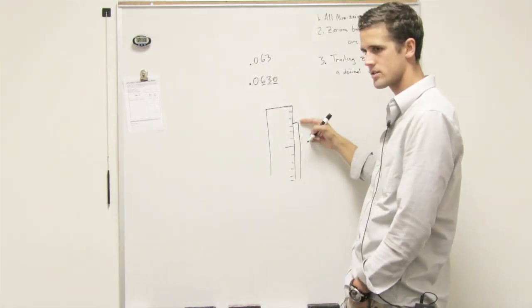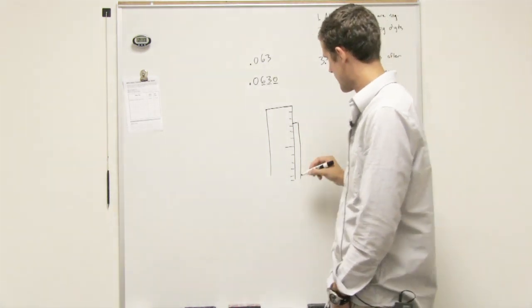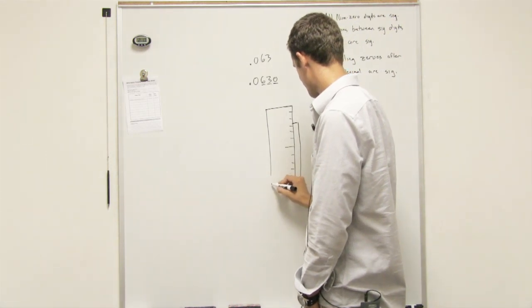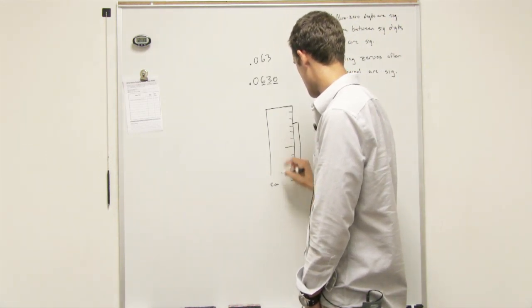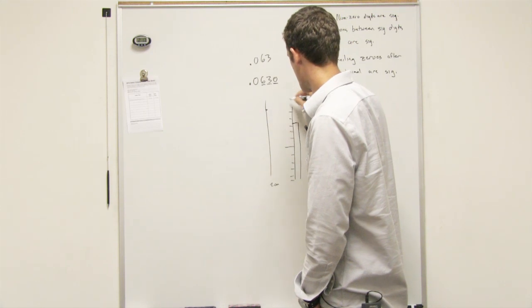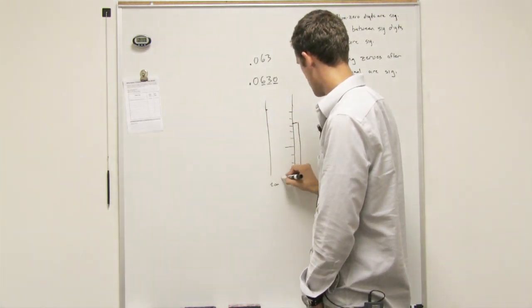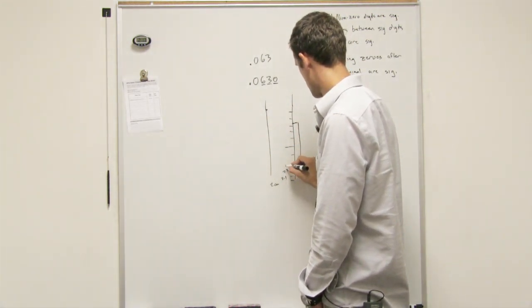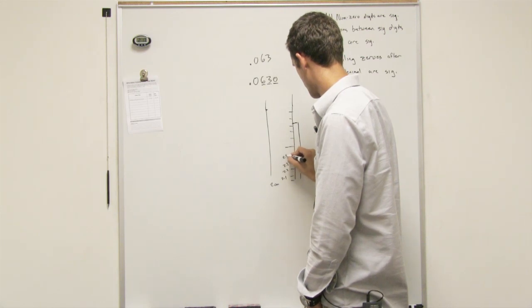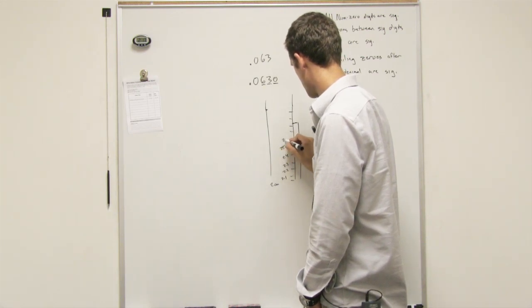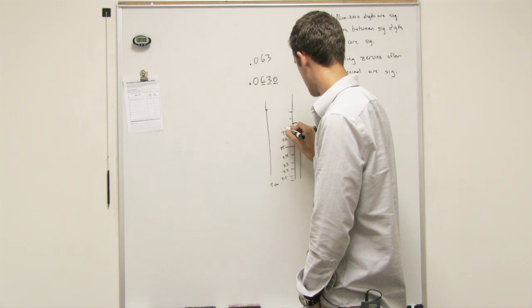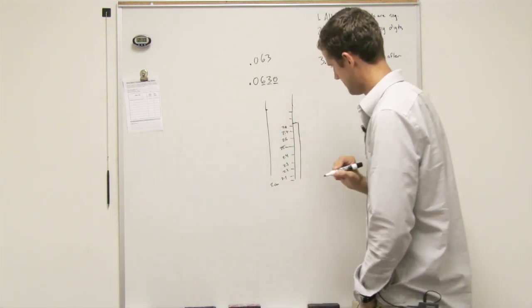Something that was that long. Let's say this was 2 centimeters here, and our ruler continues on. So this would be 2.1, 2.2, 2.3, 2.4, 2.5, 2.6, 2.7, 2.8.